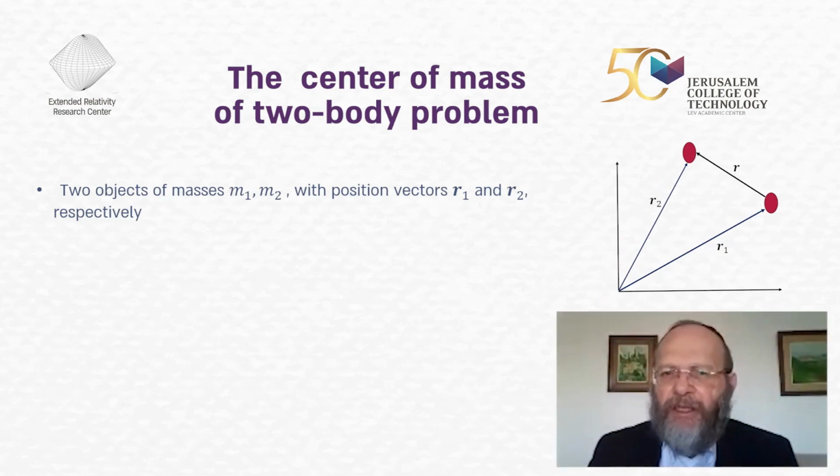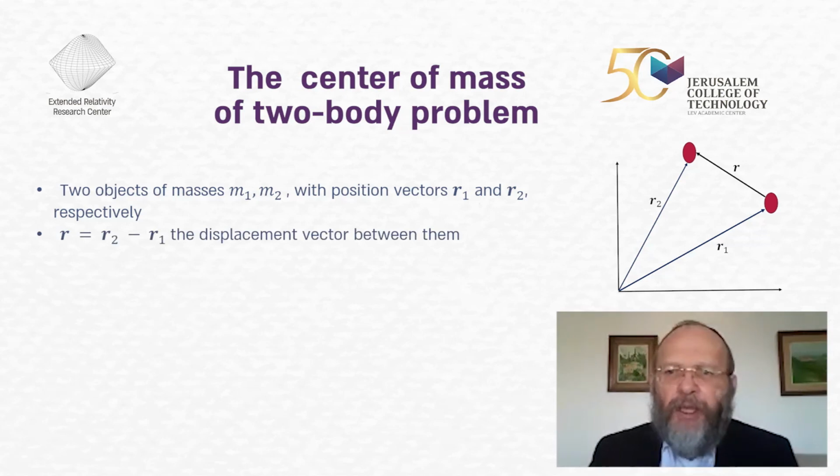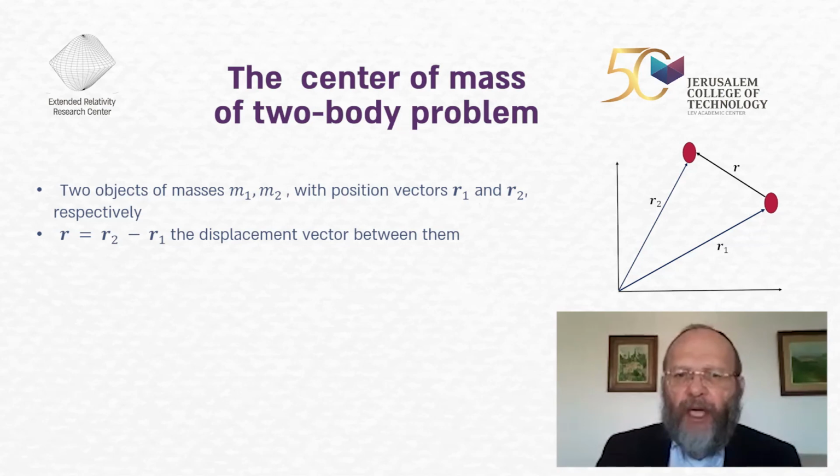You have two objects of mass m1 and m2 at the positions r1 and r2, position vectors respectively. We define the relative position vector r2 minus r1, the displacement between the two objects. R hat is the unit vector in the direction of r.